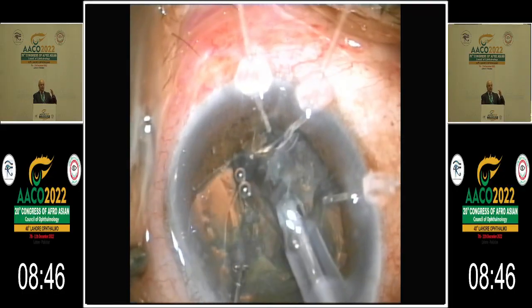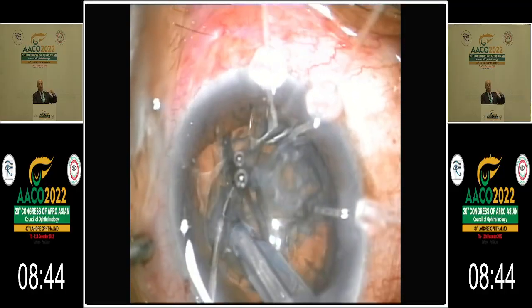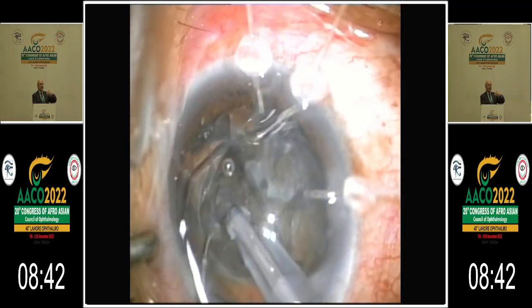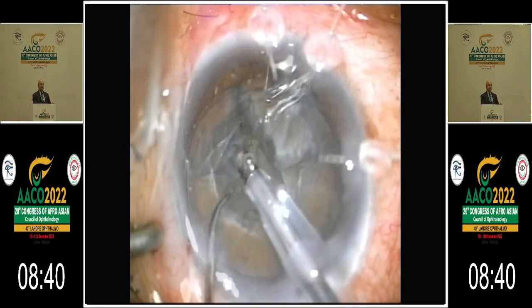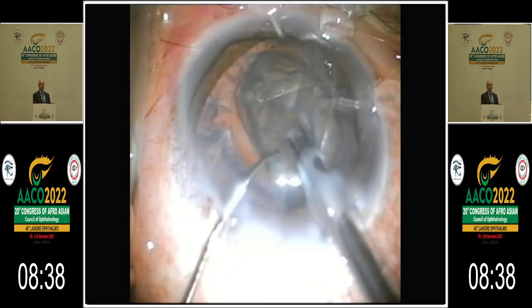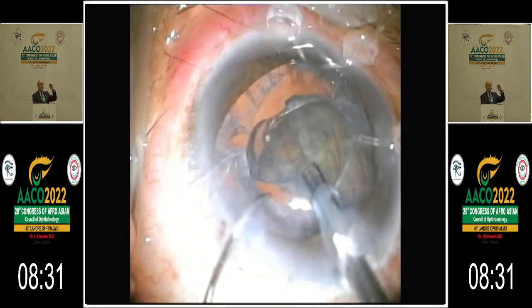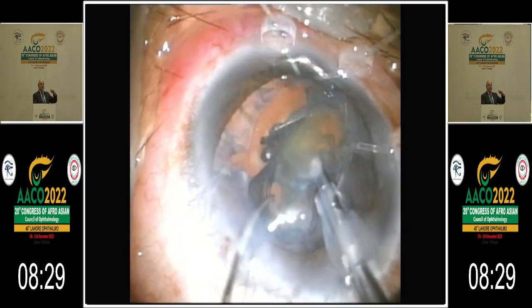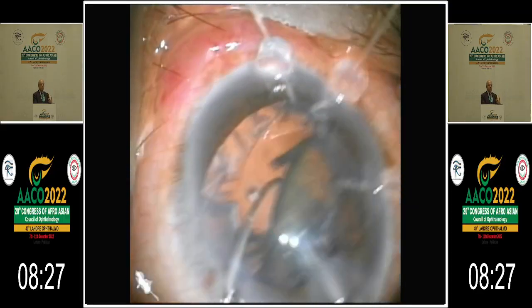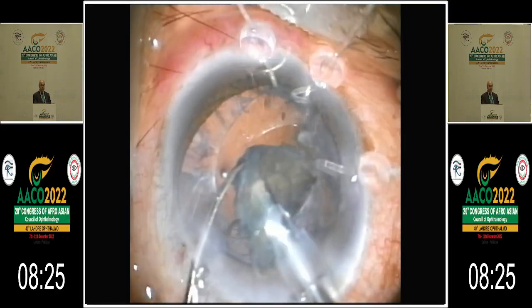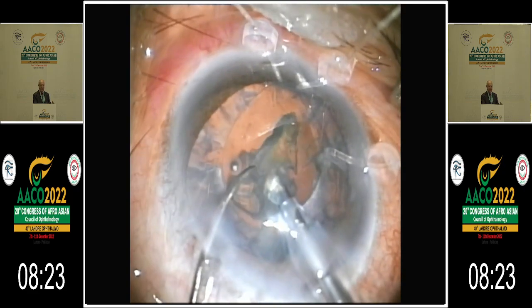You can add the number of hooks you need according to the case, but here I needed only 3. So I'm doing my regular phacoemulsification. The only difference is the infusion is lower than usual, maybe like 50 centimeters height, and everything goes a little bit slower. I always use vertical chopping with the Neumann splitter.